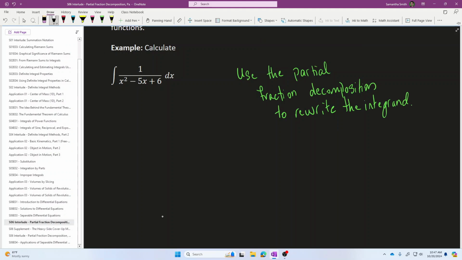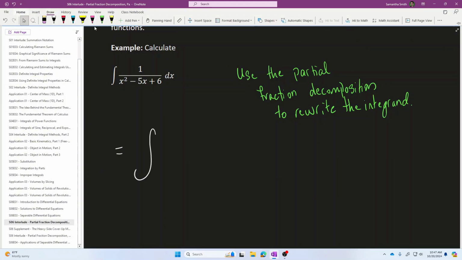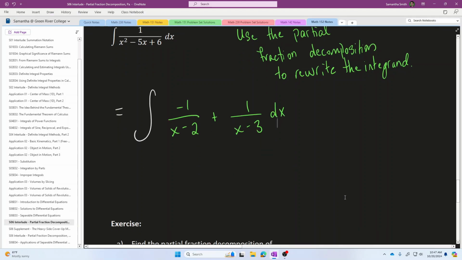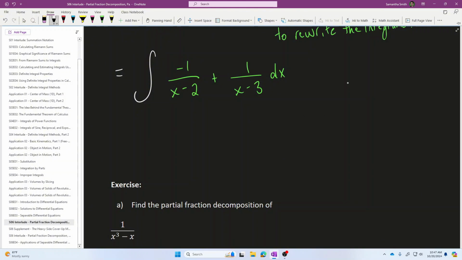We saw that this expression in the integrand was equivalent to -1 over x minus 2 plus +1 over x minus 3. So now that we have established that, all that we have to do is integrate each of these terms using, for example, a simple substitution.